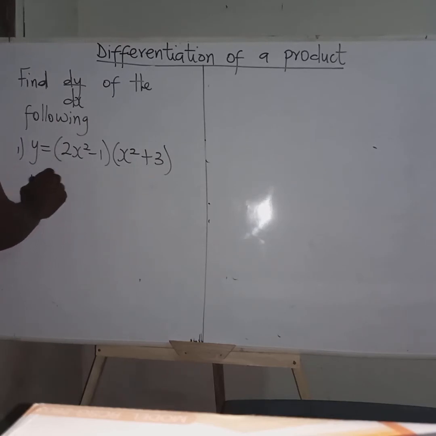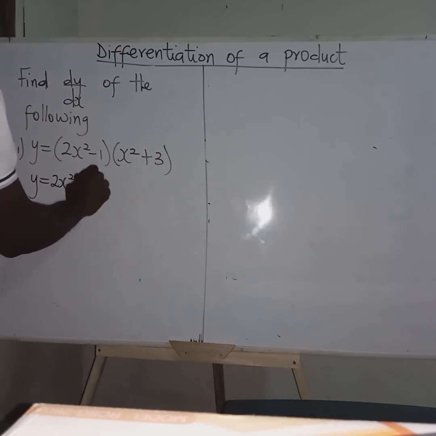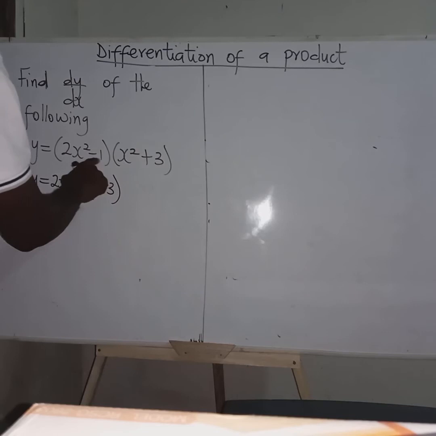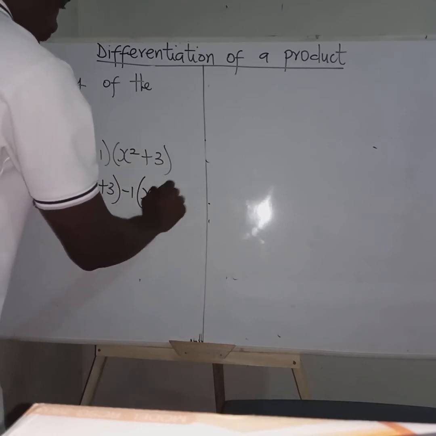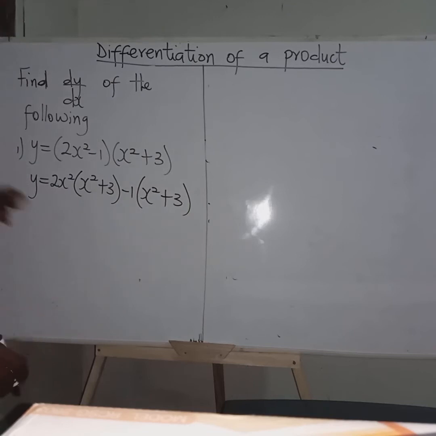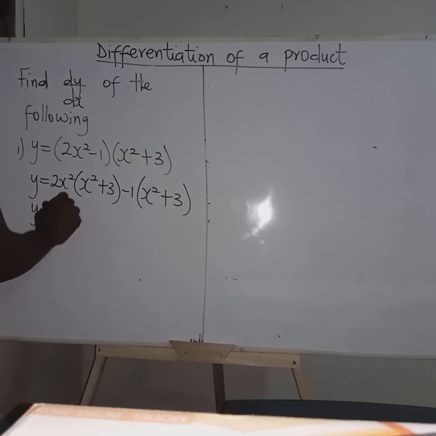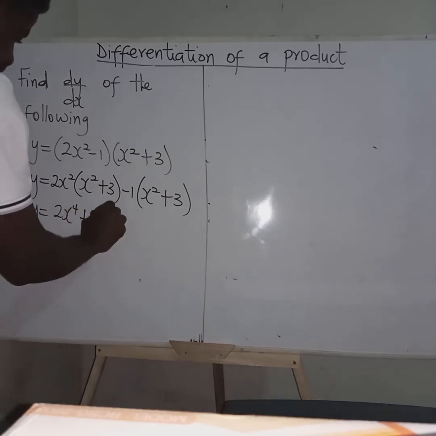2x squared will multiply x squared plus 3, and the minus 1 will also multiply x squared plus 3. 2x squared times x squared gives 2x exponent 4. 2x squared times 3 is 6x squared.